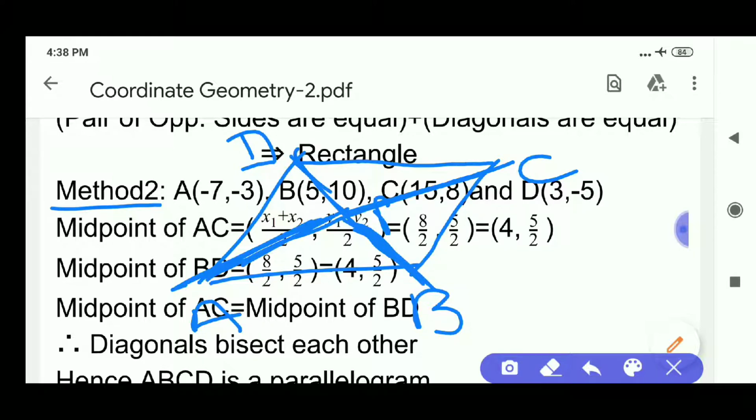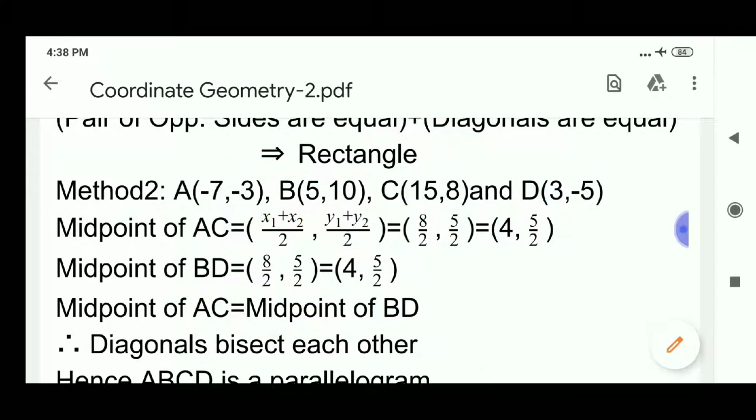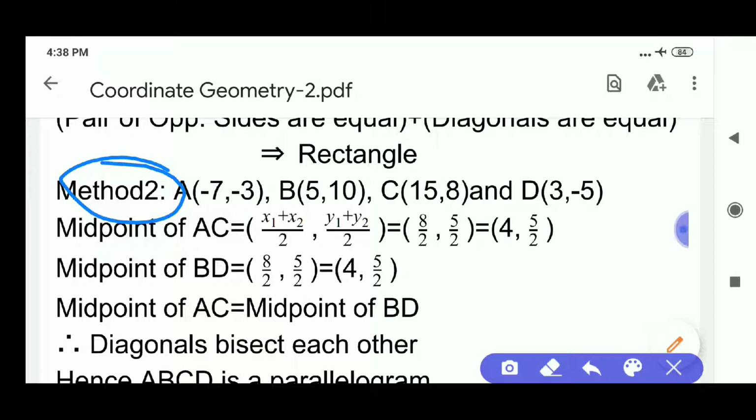That means the midpoint of AC equals the midpoint of BD. If midpoint of AC equals midpoint of BD, then ABCD is a parallelogram. This is method 2. This method is comparatively very easy.